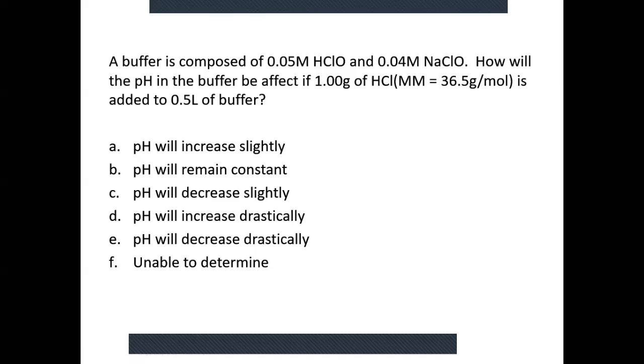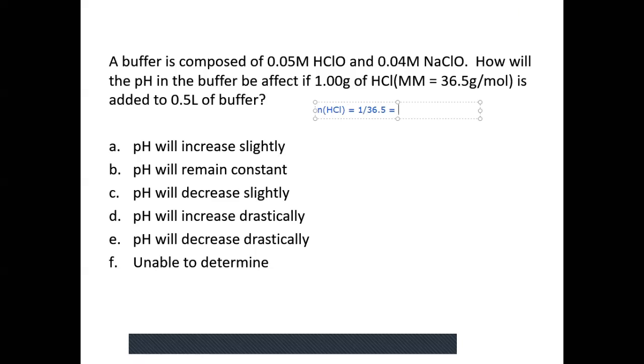So first, let's determine the moles of HCl. 1 divided by 36.5. So that's the moles of HCl.